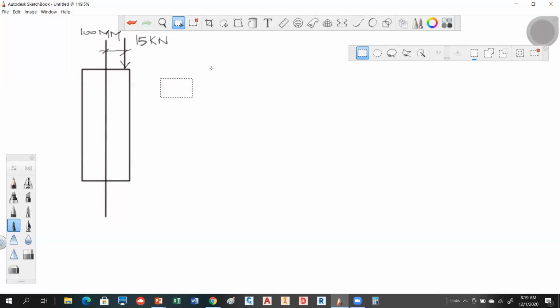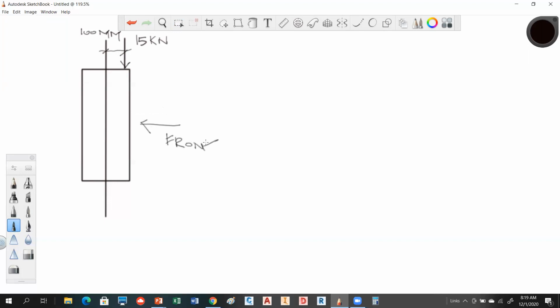Looking in this direction is going to be the front of this column.